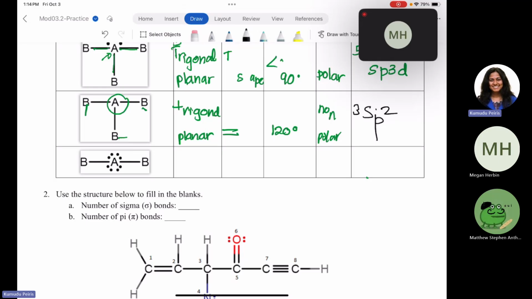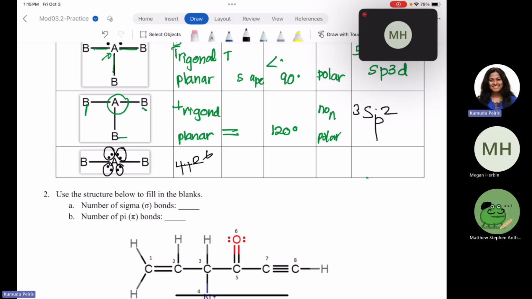Right. Next one. We have lots of lone pairs on this thing. How many lone pairs? One, two, three, four. And 4 plus 2 sigma bonds, altogether 6 things.